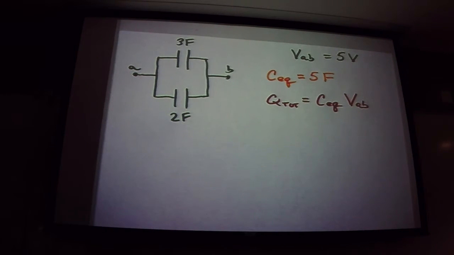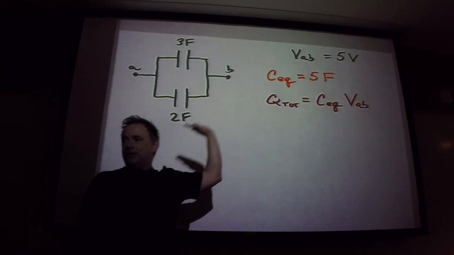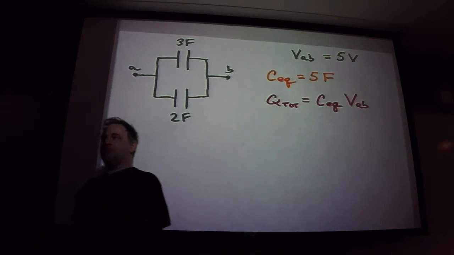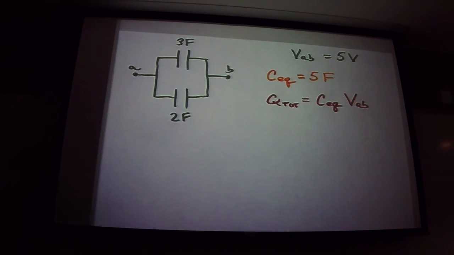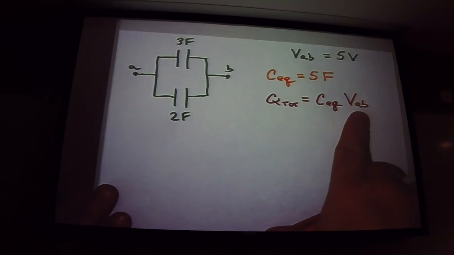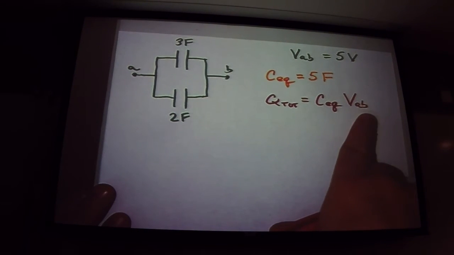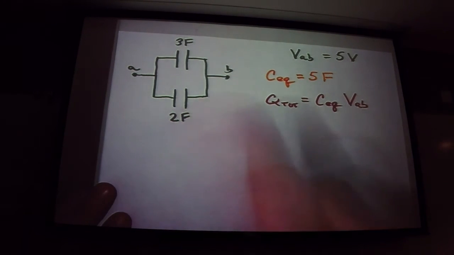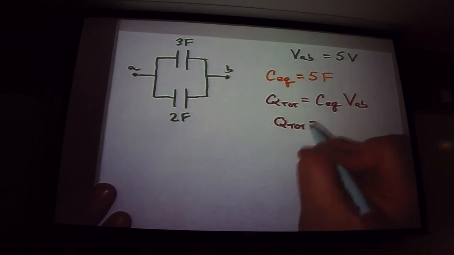Once I have the equivalent capacitance, to find the total charge stored, I multiply that by my VAB. It's a little less evident here because this is such a simple configuration. So the Q total here is 5 volts times 5 farads, which is 25 coulombs. That's lots and lots of charge, which is kind of unreasonable, but I want to keep the numbers simple.